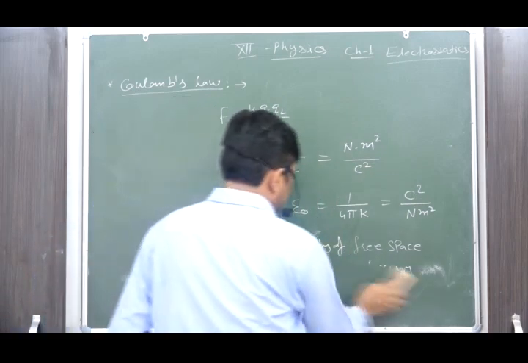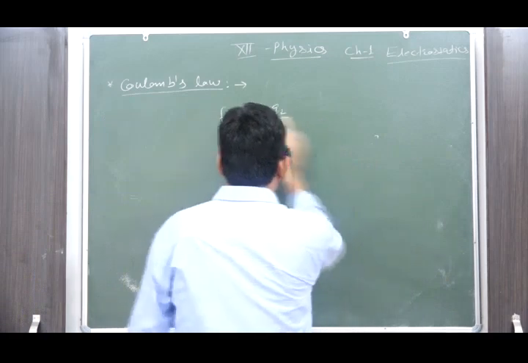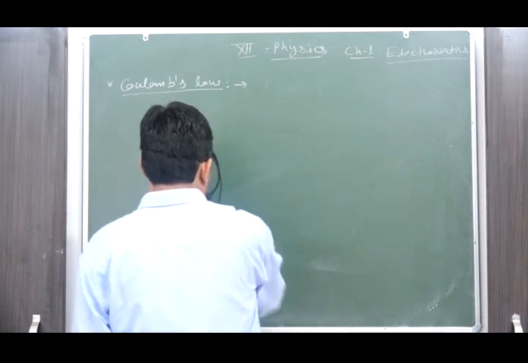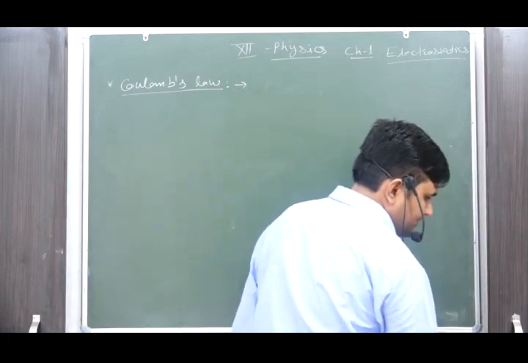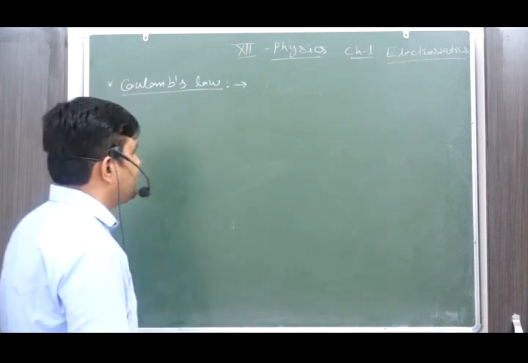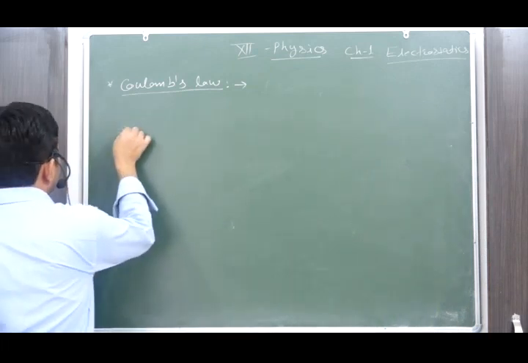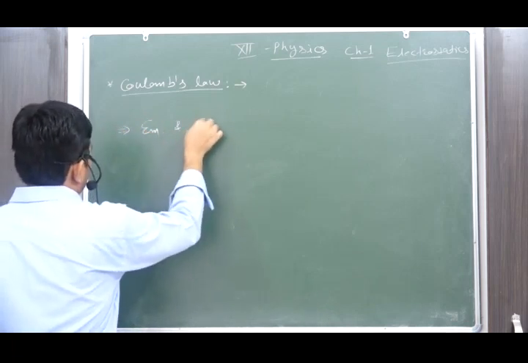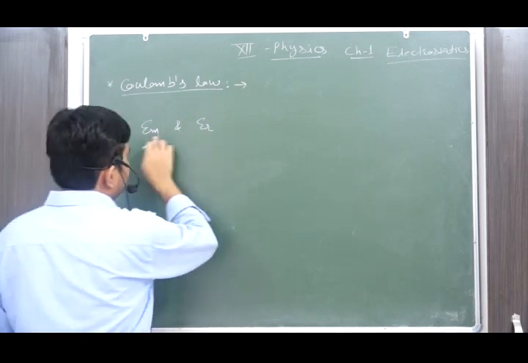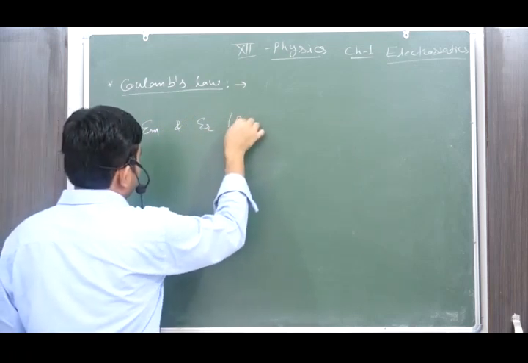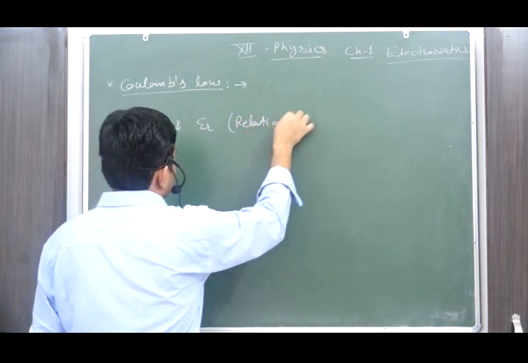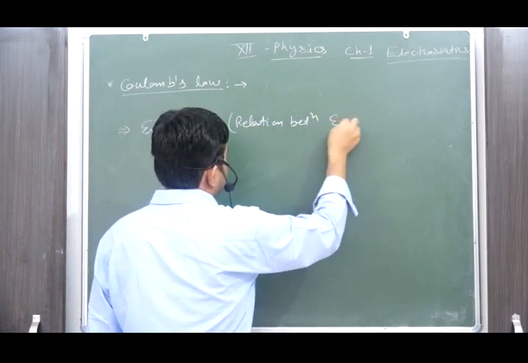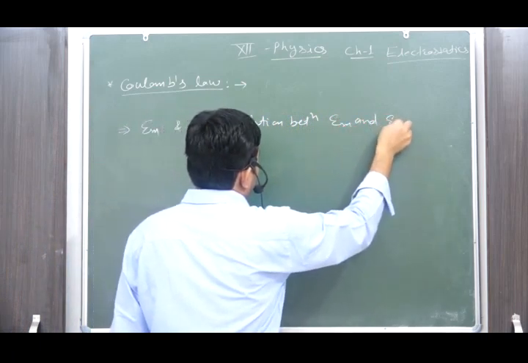Okay, next we move on to the other formulations. It is the force between two charges when the charges are placed in free space. Here we consider another formulation in terms of epsilon m and epsilon r, or we can say the relation between epsilon m and epsilon r.